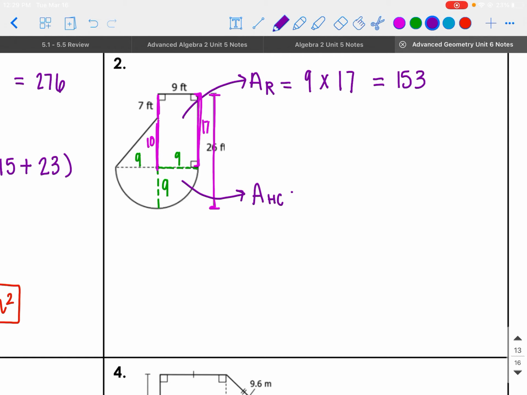Area of the half circle. So a full circle is pi r squared. I'm just going to multiply that by half times pi times 9 squared.